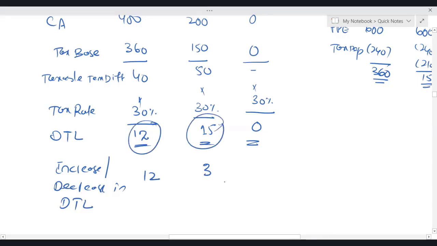But now there will be a decrease by 15. Why? Logically, from 15, we are going towards 0. Repeat. In the first year, there's an increase in deferred tax liability by 12. Then in the second year, an increase by 3. In the last year, your liability has reduced by 15.